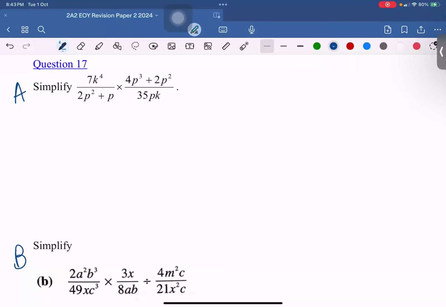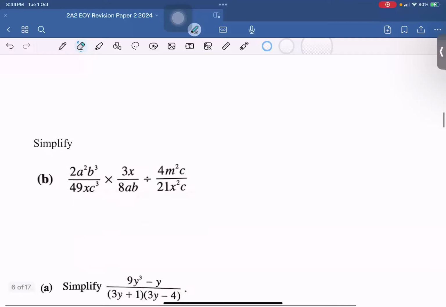I can cancel, but I must do something before I can cancel. Is it swap? 35 to the square, okay. Is it swap? This one, you're talking about this one, is it?